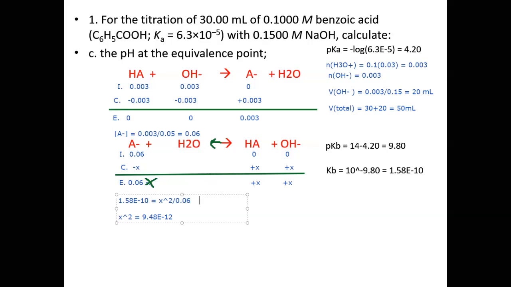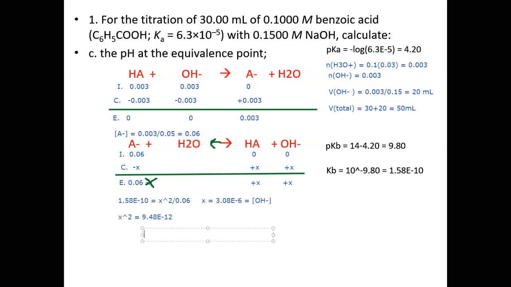And then x equals 3.08 e to the negative 6. And again, this is the hydroxide ion concentration. All right.